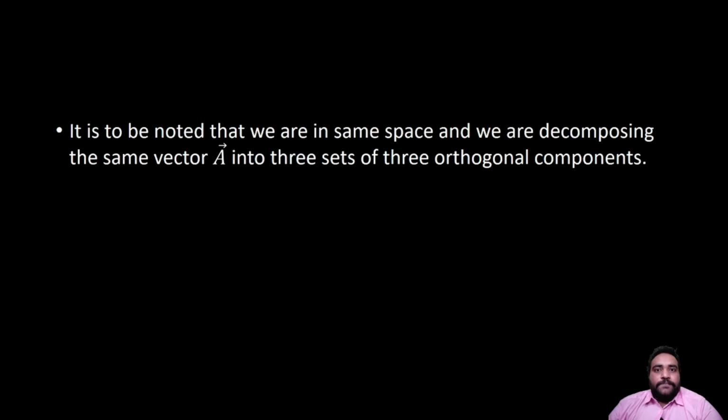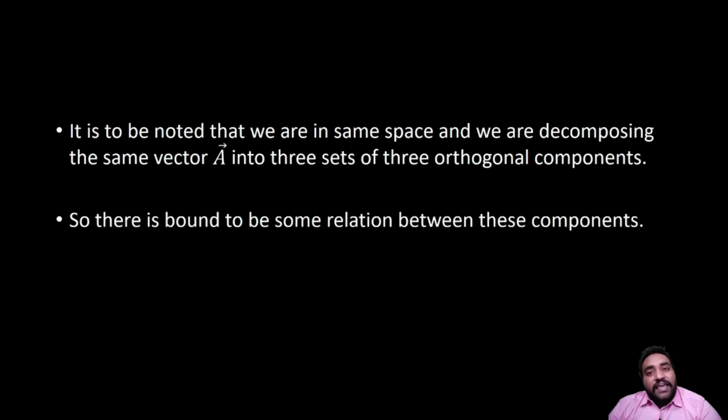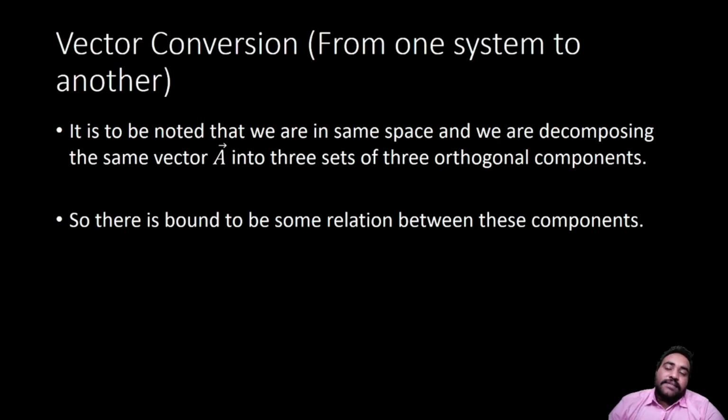Please remember that these expressions correspond to the same vector A bar, and as we have not changed the space, there is bound to be some correlation between those components. We utilize that correlation to convert a vector from one system to another.